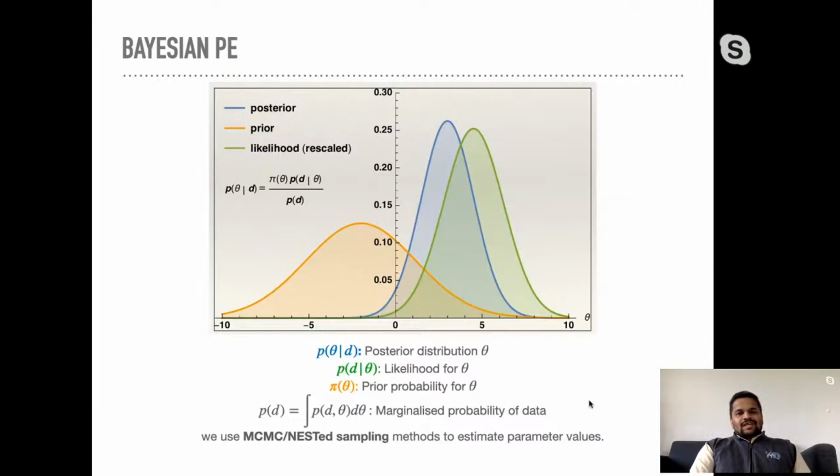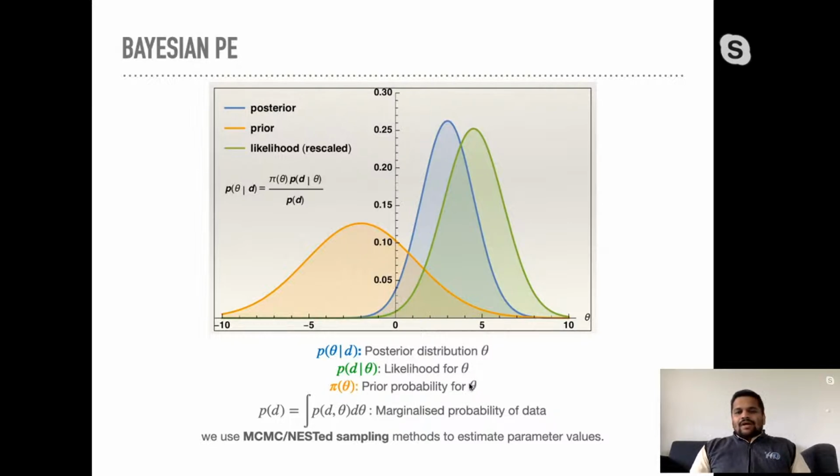So what is Bayesian inference? For that we use the chance we get that particular kind of data, which is the likelihood, which we saw before. Then pi of theta is the prior probability of obtaining that particular theta.